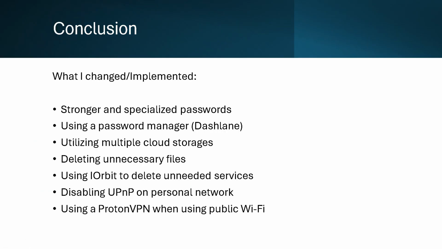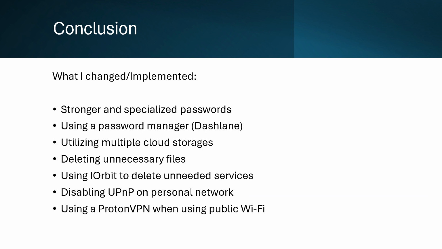So what have I changed or implemented to help me? First, I'm going to do stronger and more specialized passwords, passwords that are more catered to each individual account instead of using the same one over all my accounts. I'm also going to use a password manager to help manage these more complicated, safer passwords.